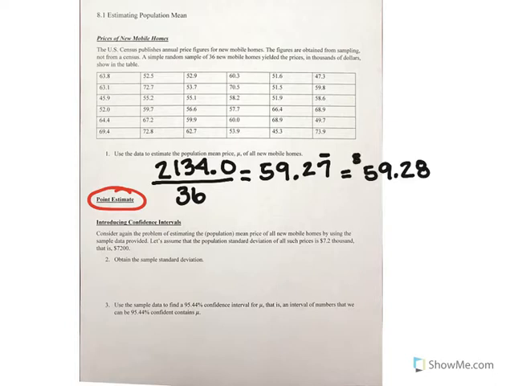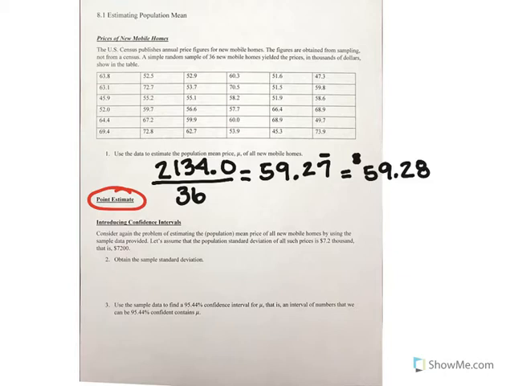This is money, so that's mainly why I'm doing 2 decimal places. Normally when we were doing mean earlier in the semester, we would do 1 decimal, but if we're dealing with money, we do 2 decimals. So 59.28 would be our actual mean for the 36 mobile homes.